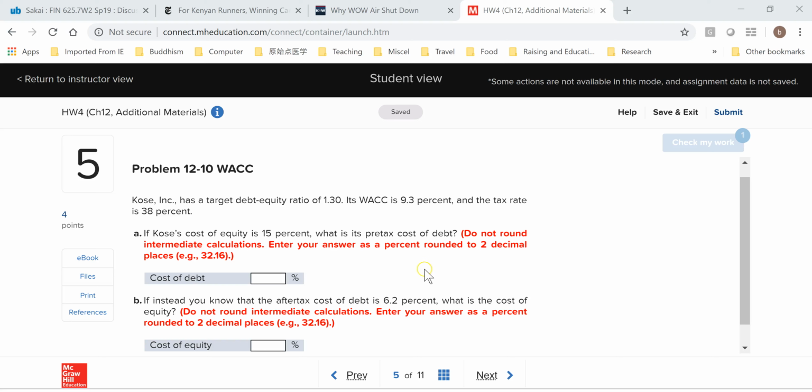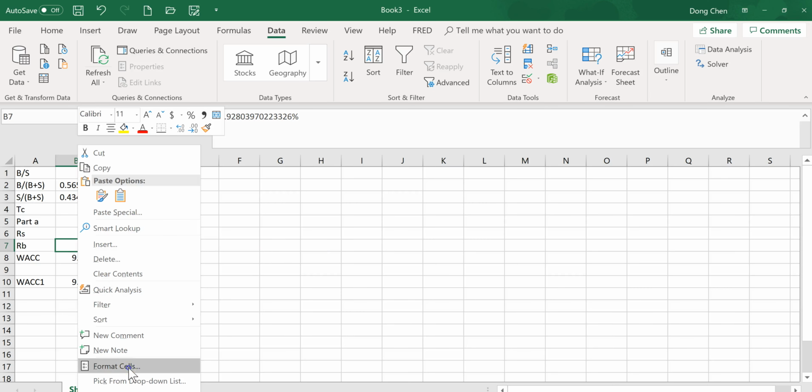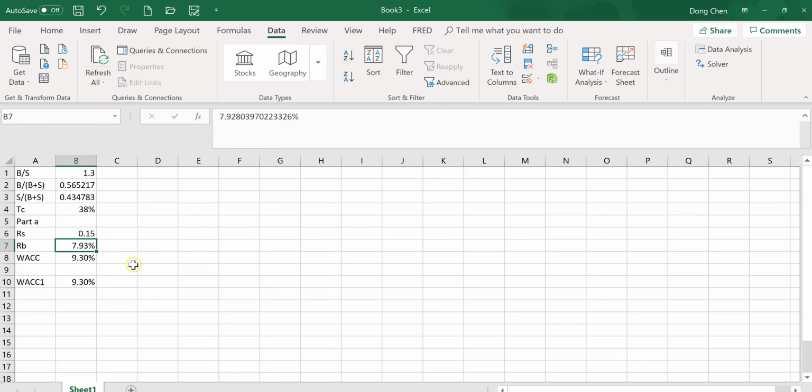Let me go back to the rounding requirement. Enter your answer as a percent rounded to 2 decimal places. So now I need to change the format of RB and round the percentage to 2 decimal places. You see the difference now. If I keep 2 decimal places, it's no longer 8%, it's 7.93%.